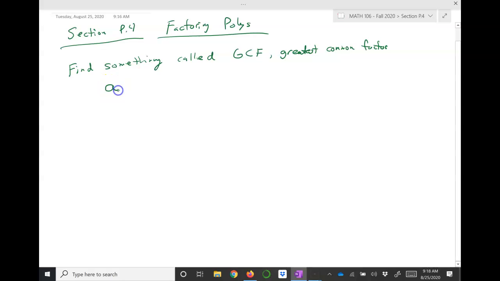There could be a coefficient, we'll call that A. And if we're talking about a polynomial of one variable, we could be factoring out an x term, but that x term could be also raised to some power. So we have A, that's the greatest integer that divides each polynomial term.